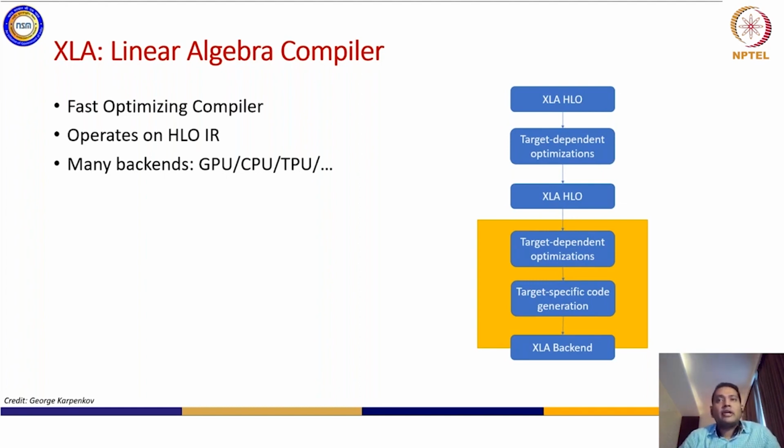It operates on the HLO IR, and it's fast enough not to be noticeable for large models. Now, how are these optimizations happening? Just a bit of theory, because we need to learn what is happening behind the scenes.